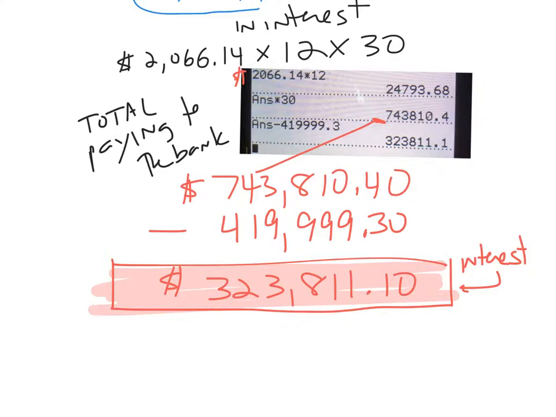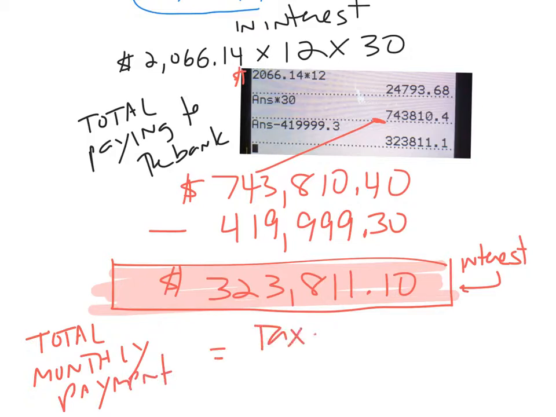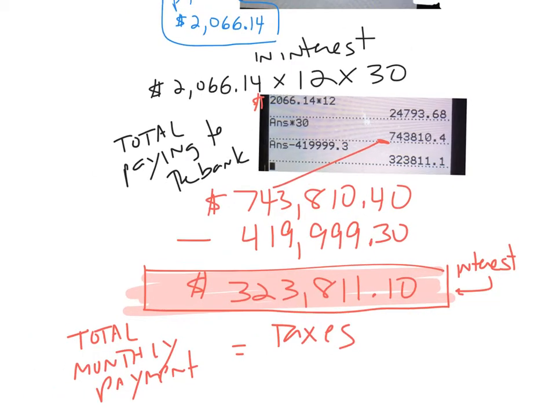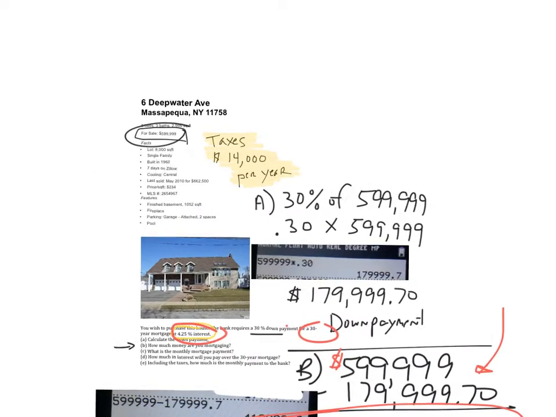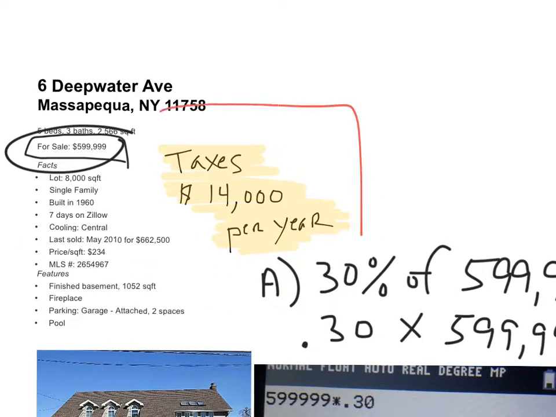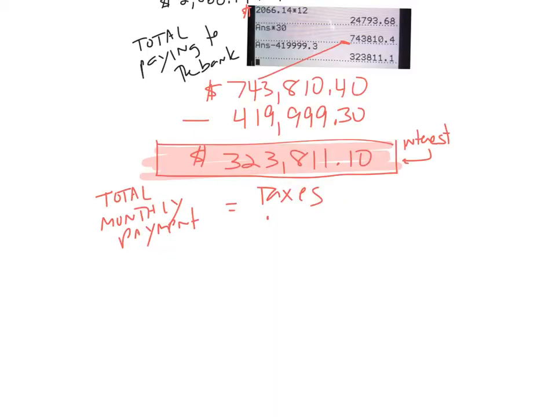Finally, what we're going to do now is figure out how much your total monthly payment is going to be. And the total monthly payment, you have to include the taxes for the house. So here, this problem told you that the taxes for this Massapequa house every year were $14,000 a year. So what we're going to do is take that $14,000, and that's per year.